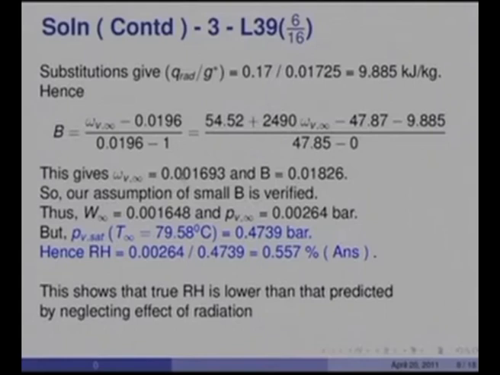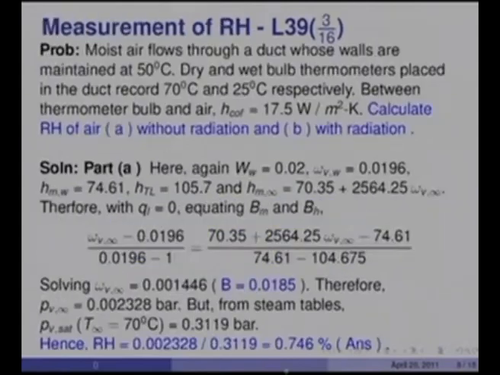From this value of omega V infinity, we calculate specific humidity as that, and therefore, P V infinity equal to 0.00264 bar, but P sat at 79.58 is 0.4739 bar, and therefore, the relative humidity now is 0.557% instead of the earlier value of 0.746%, as you can see here.